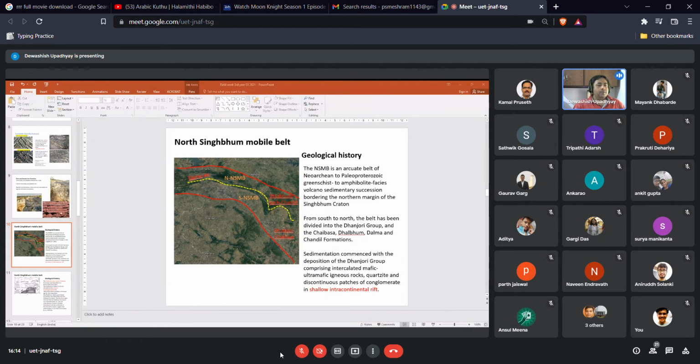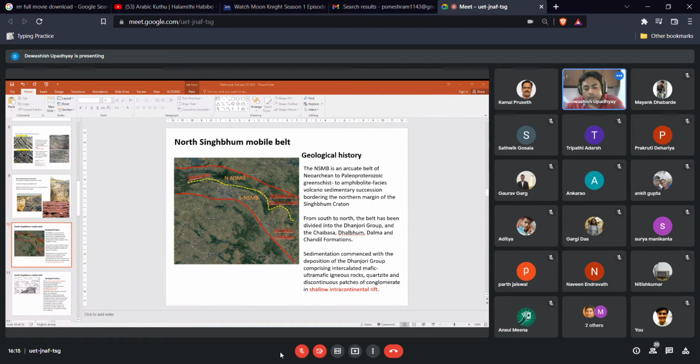The shear zone between the North Singhbum Mobile Belt and the Chotanagpur Gneiss Complex is called the South Purulia Shear Zone. Purulia is a district in Bengal, in that region. So, the South Purulia Shear Zone.